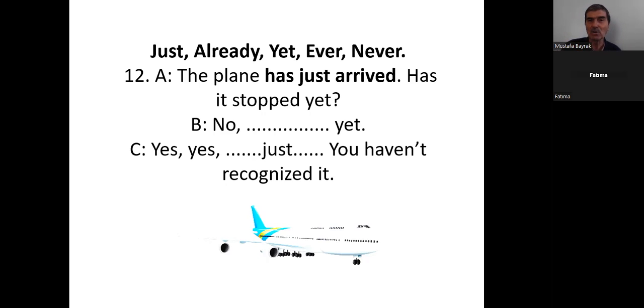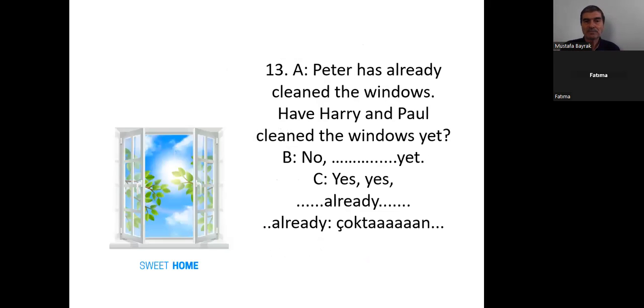So what is the fact? The fact is that the plane has just stopped, and it is not in the air, it is on the airport, on the land. I think it's clear. Home, sweet home. A nice thing in English. Sweet home, the image says.